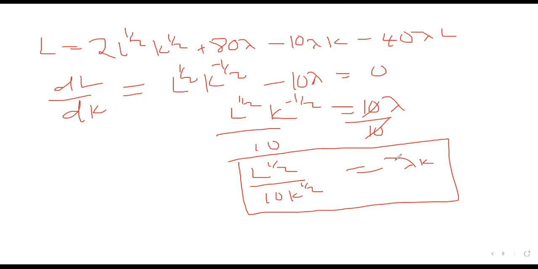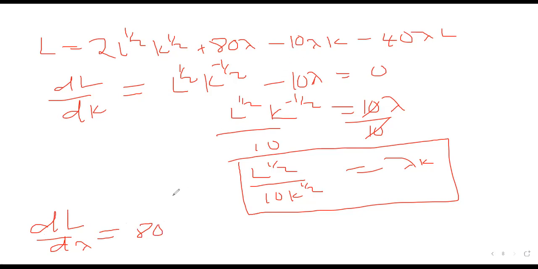Then we also find the derivative with respect to lambda. We're simply going to get the budget line. Here, there is no lambda, it's 0. Here, there's no lambda, it's 0. So 80 lambda is 80.